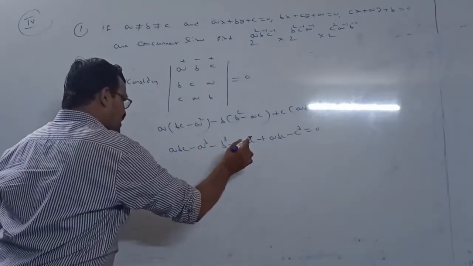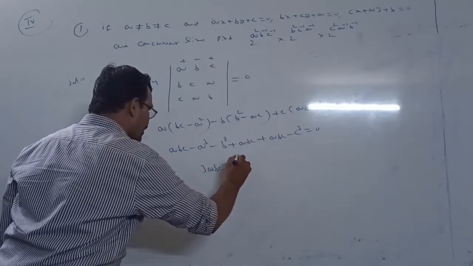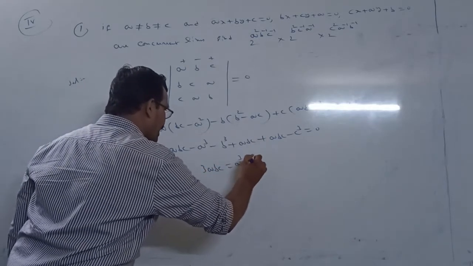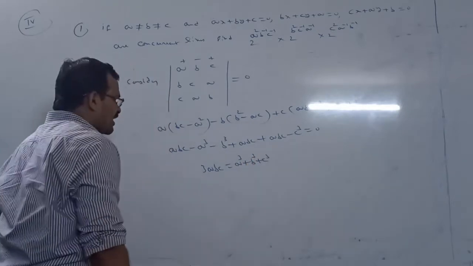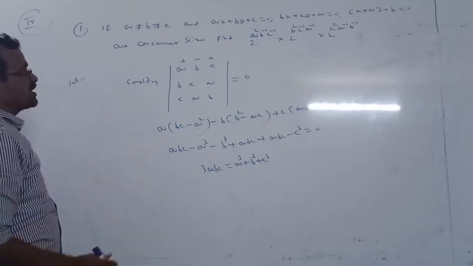Obviously abc plus abc is 3abc equal to a cube plus b cube plus c cube. First I find out one relation. After that see the statement.